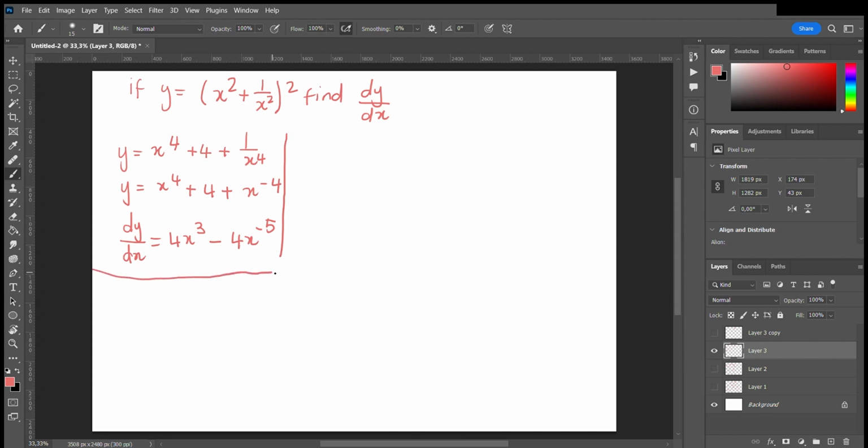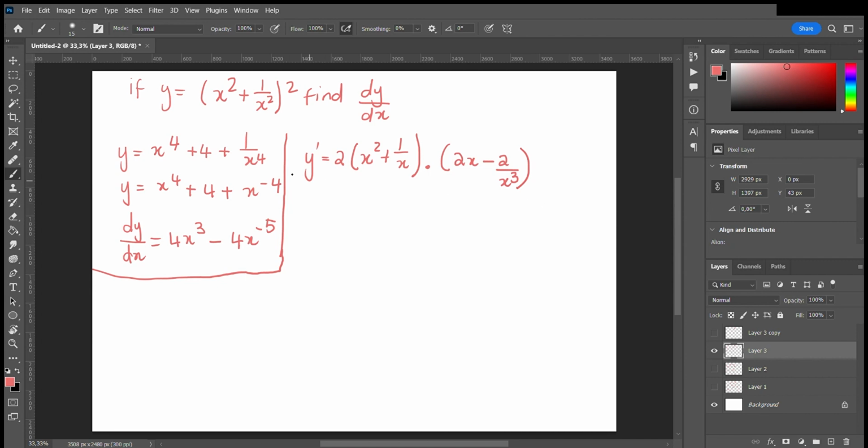When you use the multiplication rule, you don't need to multiply it out. The multiplication rule is that the derivative y prime will be 2 multiplied by, without differentiating this, x squared plus 1 over x, multiplied by, now you differentiate what's in the brackets, which is 2x minus 2 over x cubed.